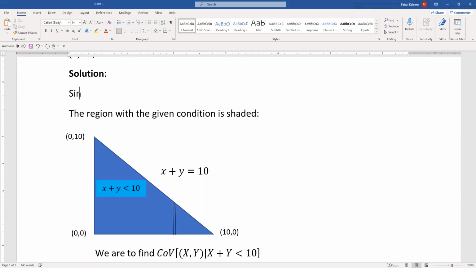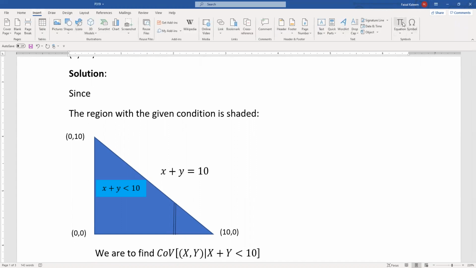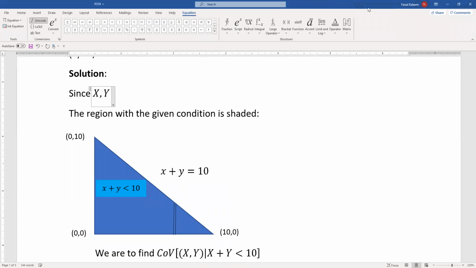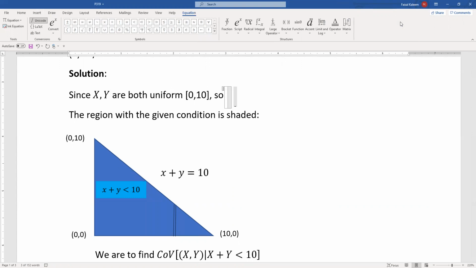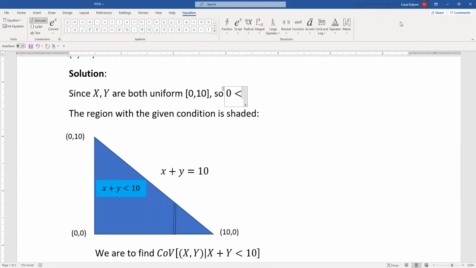Since X and Y are both uniform 0, 10, we have X between 0 and 10.